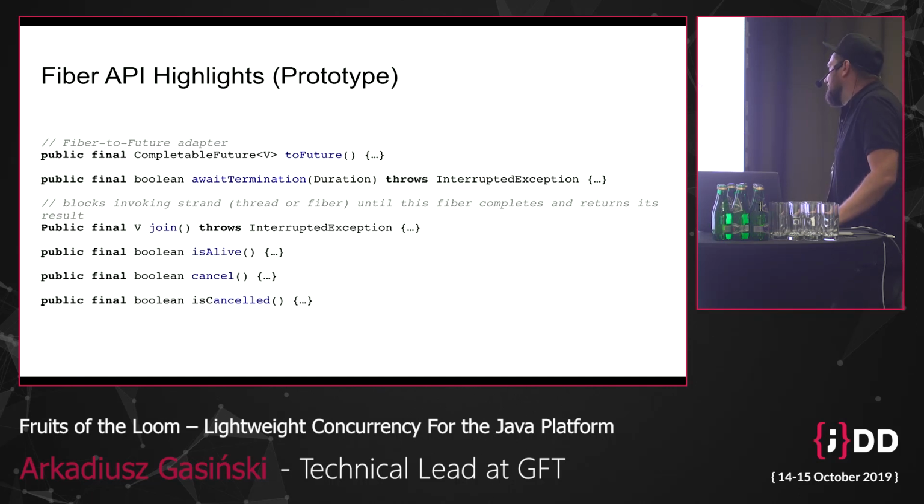The join method is for waiting for the fiber's result. And you can also convert it to completable future. If you have an API that employs completable future, you can easily convert it to that representation. You can wait till it terminates and just check whether it's alive or cancel it.